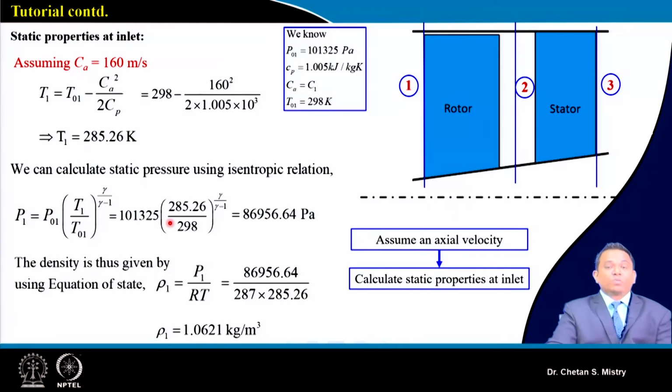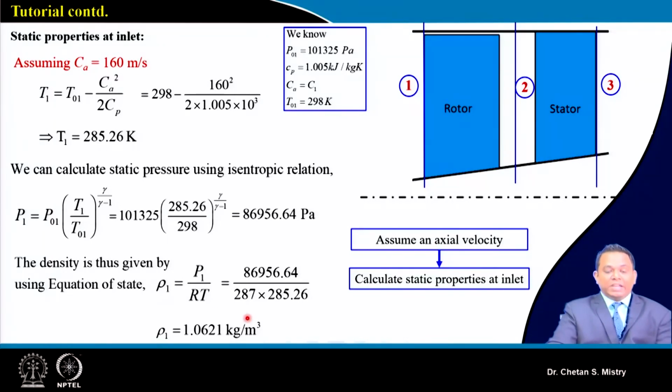Now once this is known to us, we can safely take our density as P1 upon RT1. Be careful with the units: if you are taking kilopascal and pascal, be careful in taking this unit, otherwise this density will not come out right. This density comes as 1.0621.